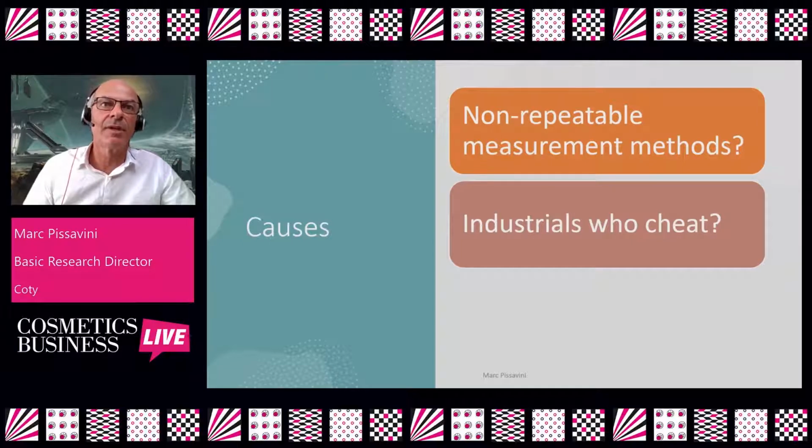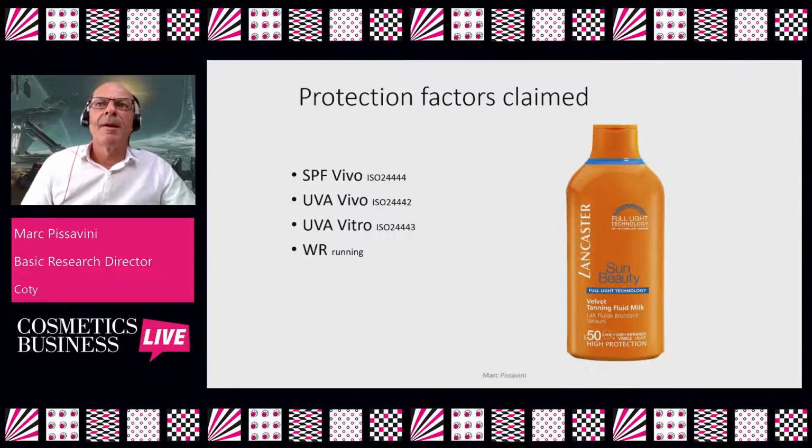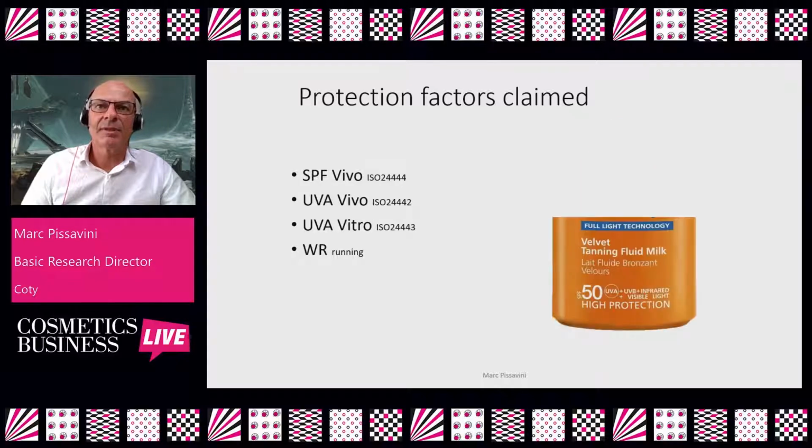So the second cause could be, is it due to industrial mistakes? I cannot say that it is impossible. But the method that we use is normalized, and this is an example of one of our brands. The SPF is, as I told you, measured by an ISO method, the ISO 24444.